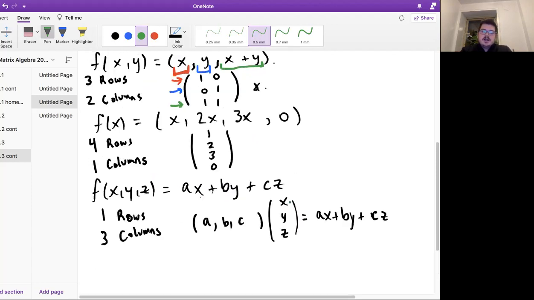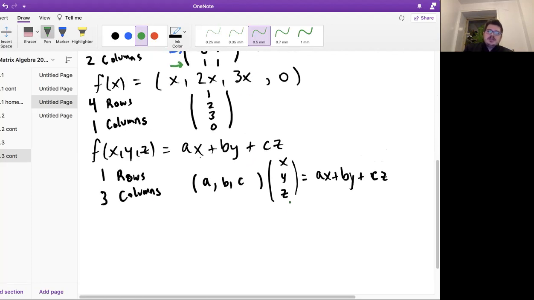Sure. So it's weird because this, right, there's only one thing here. So there's only one coordinate. So it takes three inputs, x, y, z, and it gives you one output, ax plus by plus cz.